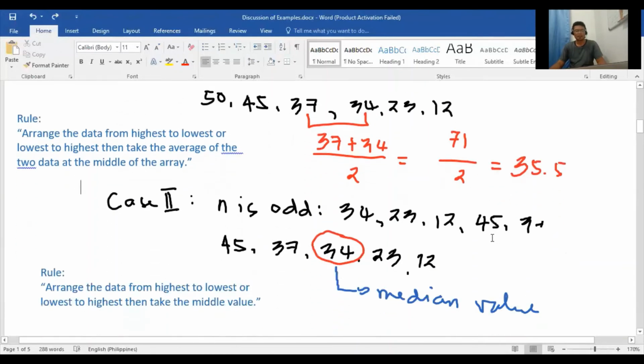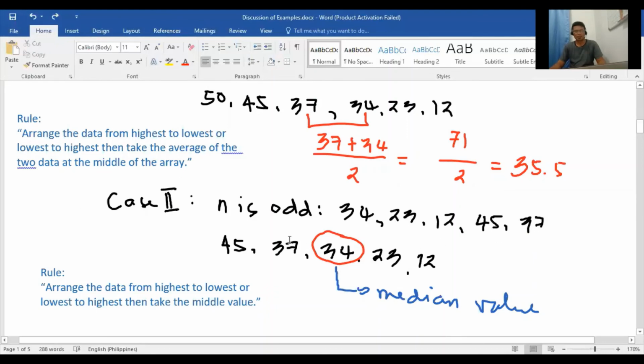On the other hand, when the number of data or measurements is odd, we have 34, 23, 12, 45, and 37.